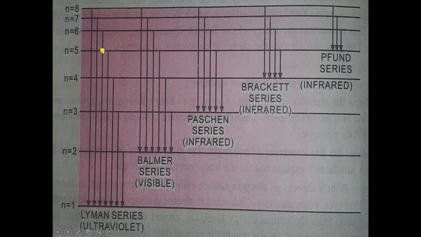In the same way, n is equal to 5 to n is equal to 1, n is equal to 6 to n is equal to 1, n is equal to 7 to n is equal to 1, from the 8th orbit to the 1st orbit. So these are the possibilities. In the same way, you can take n value as 9, 10, 11 and so on.